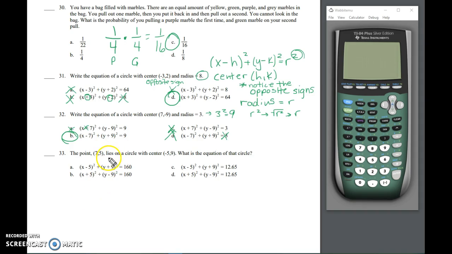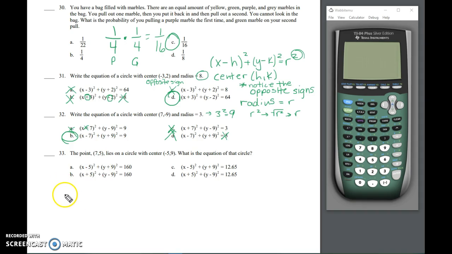The point (7, 5) lies on a circle with center (-5, 9). What's the equation of the circle? Okay, well, here I don't have the radius, but I have 2 points, and from the center to the point is the radius.